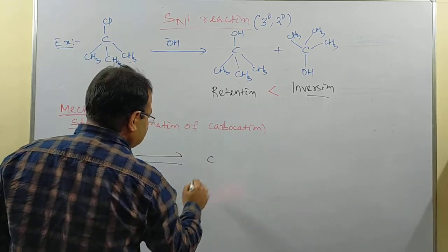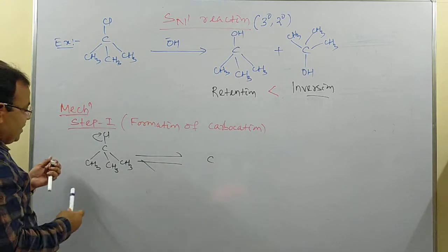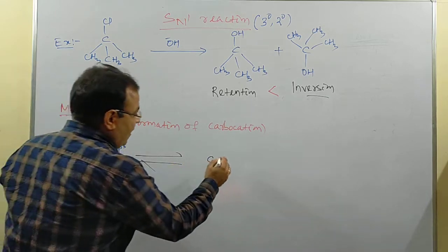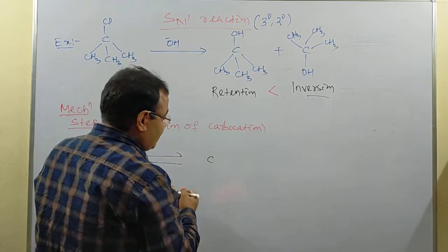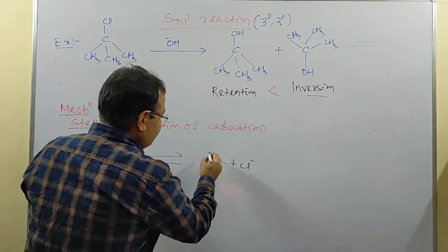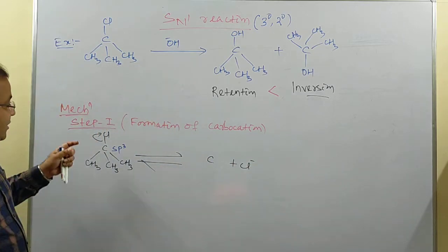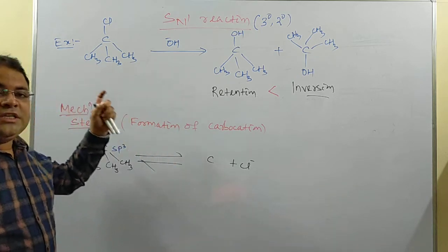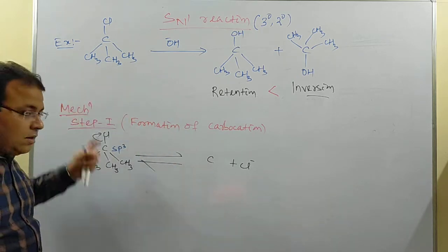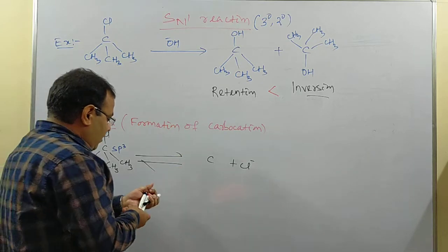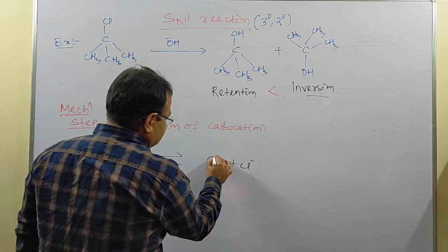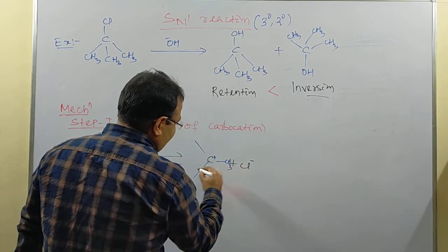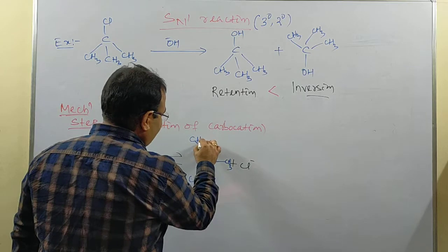Just see, since it's a tetrahedral geometry and the hybridization is sp3, after the removal of this Cl minus, the carbocation will change its hybridization from sp3 to sp2, changing the geometry from tetrahedral to planar. So I am writing with the geometry. This will be the plus charge, with one CH3 over here, one CH3 over here, one CH3 over here.